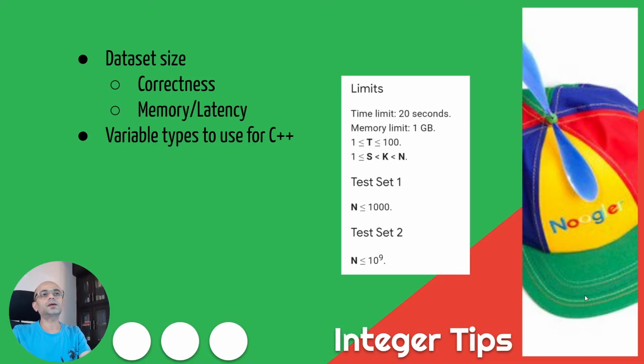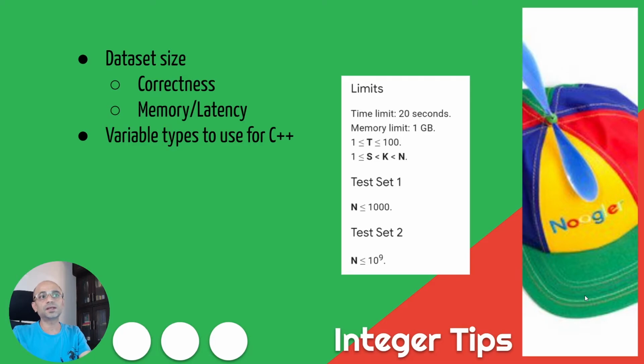While implementing, you will be using integer variables to represent these things, whether it is an array to store that data, or while computing some of the values for the input variables. So you should be aware of those limits, and based on that you should choose the integer variables in the programming language that you're working on.